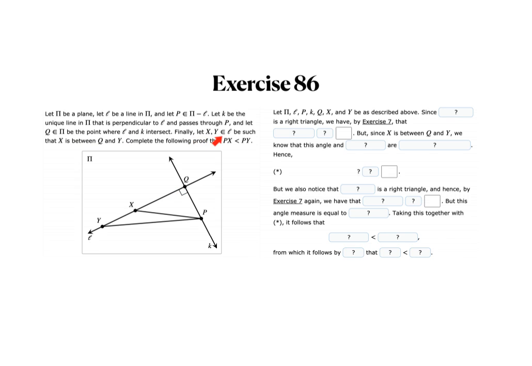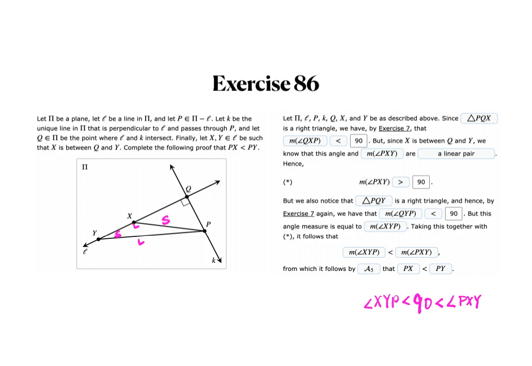Finally, let X and Y be elements of L here and here such that X is between Q and Y. So it's between Q and Y. We're going to complete this proof that shows PX, this segment, has to be shorter than PY, this segment. So press pause on your video, complete exercise 86, and when you're ready for the answer, press play again.